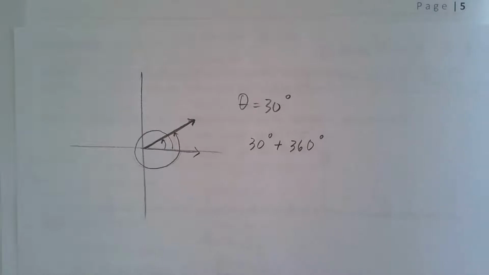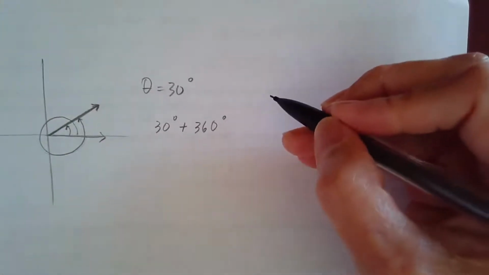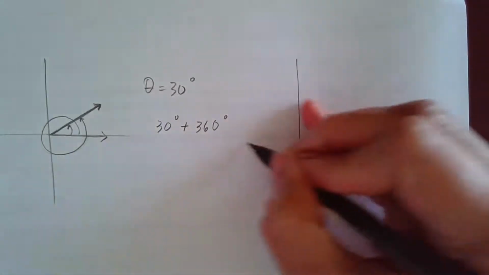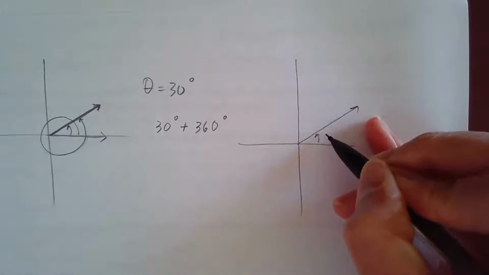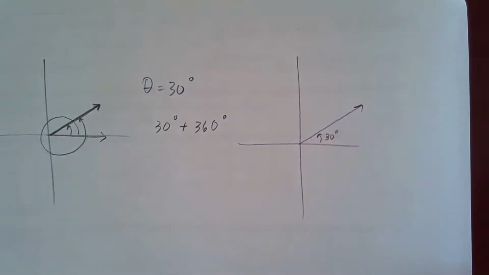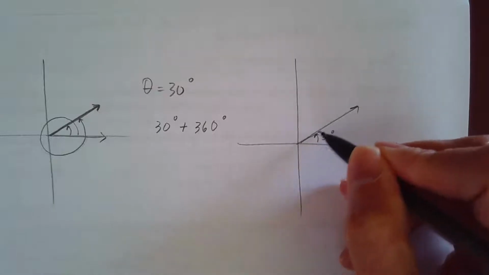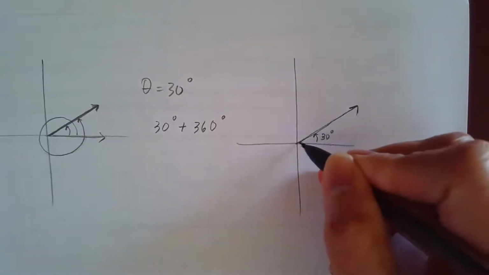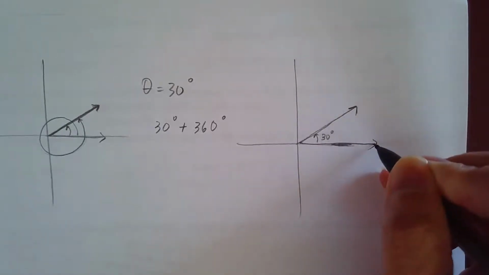Well, what else can I do? What if I don't stop there? Again, let's say this is my 30-degree angle, my theta. How can I get to that one again, stopping in the same terminal arm? I start here. That's my initial arm. This is where my initial arm starts.